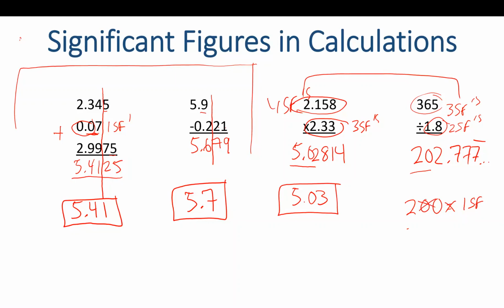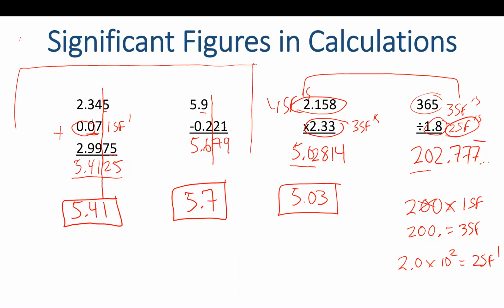Now I can't go 200 and put a decimal because now the trailing zeros have a decimal, so that would be equal to 3 sig figs. And I only want 2 sig figs. So how do I do that? I'd have to do scientific notation. So I'd have to write 2.0 times 10 to the 2 to get the 2 sig figs that I want.